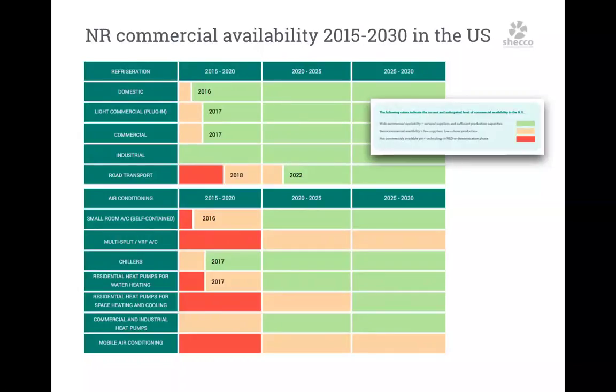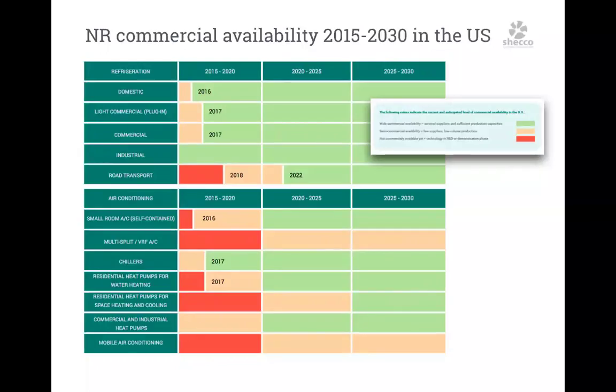Industrial is not a headache. The use of ammonia is there. It's being challenged with low-charge ammonia systems and CO2, and so this is widely commercially available. Road transport is another interesting sector where companies are currently trialing these solutions, and we can expect more commercially available solutions in the next 3-5 years.